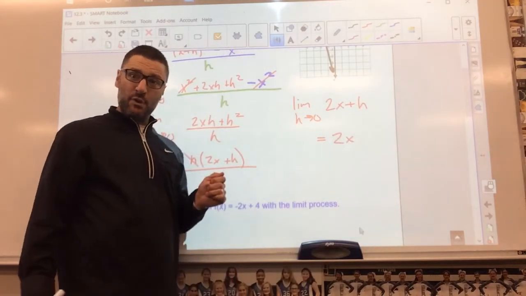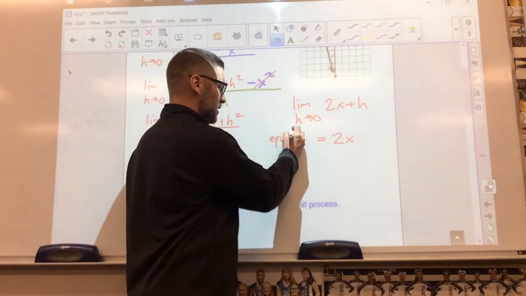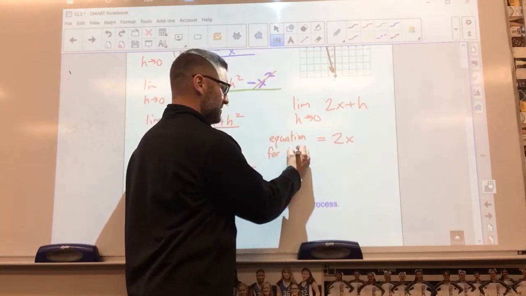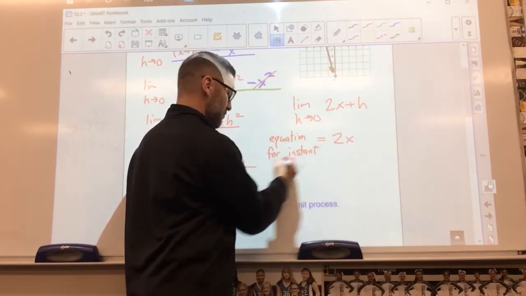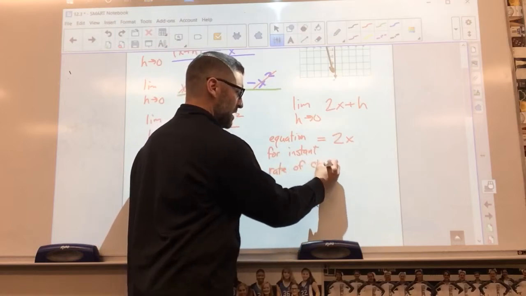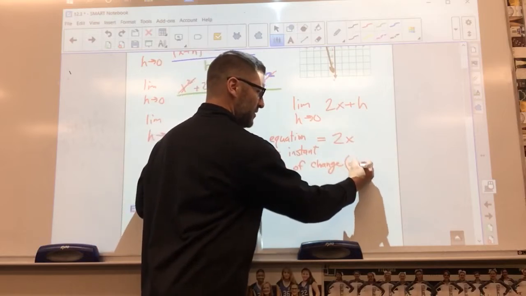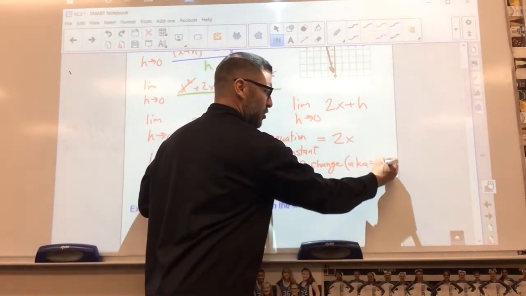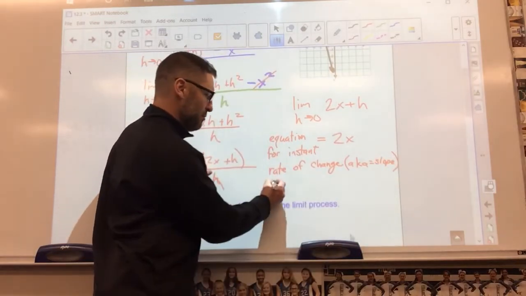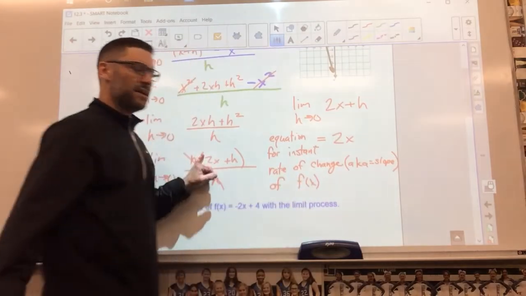And when you go through this process, what you just found is an equation for the instant rate of change, also known as the slope, instant rate of change, or the slope of the function that we were dealing with, which was f of x.